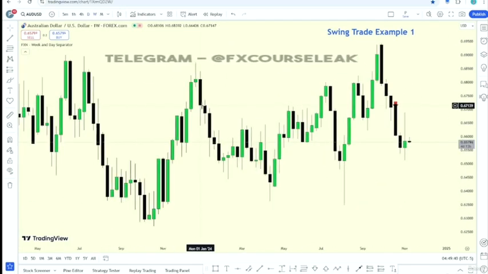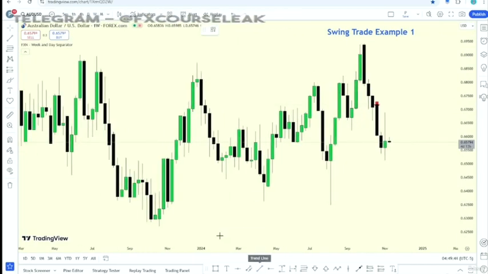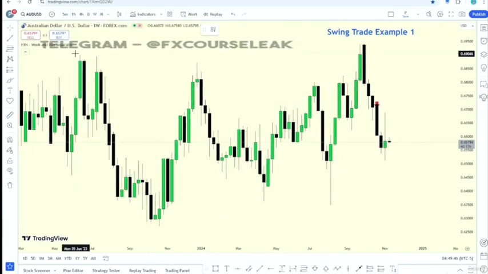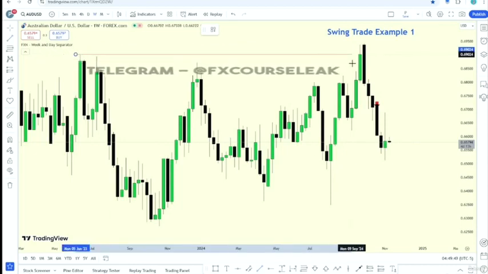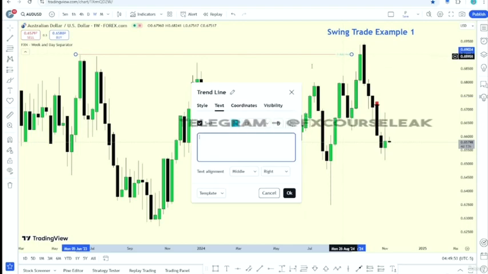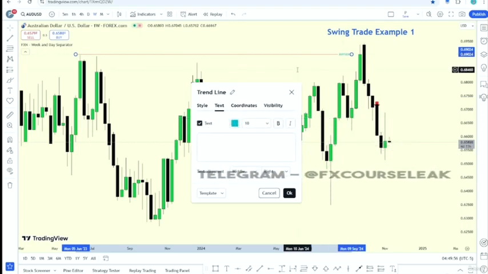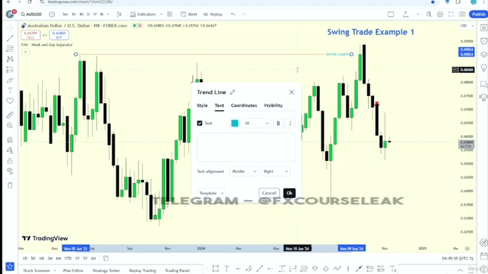On the weekly chart, the market actually took out some form of buy side liquidity back here. So this is buy side liquidity.